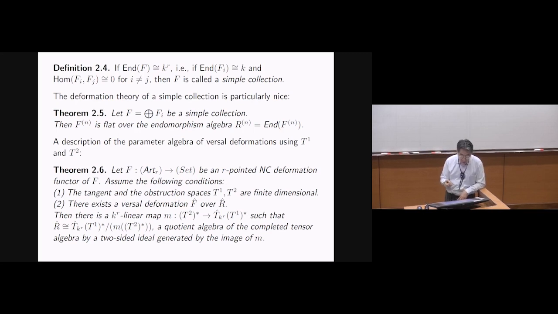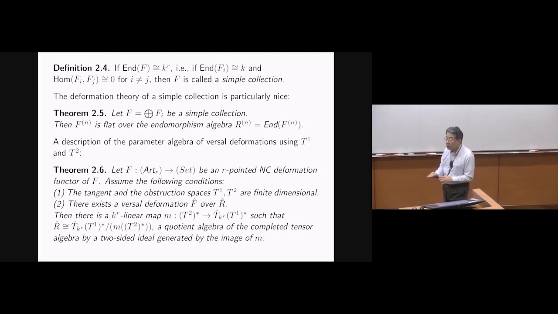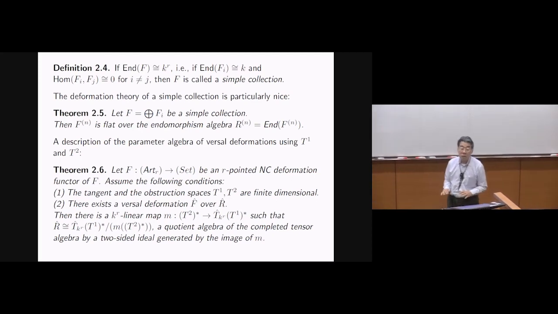And the base algebra of the deformation is, so this is Theorem 2.5: if F is a simple collection, then the tower of extension is flat over the endomorphism algebra. So the base ring is automatically given as the endomorphism ring of the sheaf.